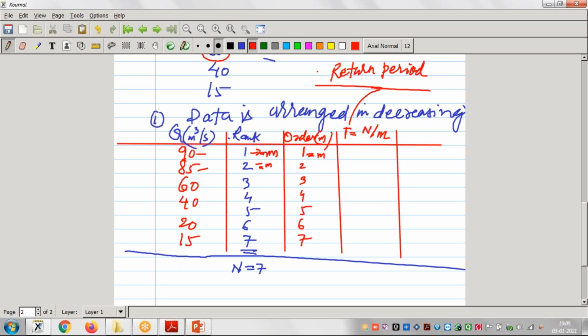If you calculate this, total N is 7. So 7 divided by 1, we get 7. Then 7 divided by 2, then 7 divided by 3, 7 divided by 4, 7 divided by 5, 7 divided by 6, and 7 divided by 7. So we will get some values, right?